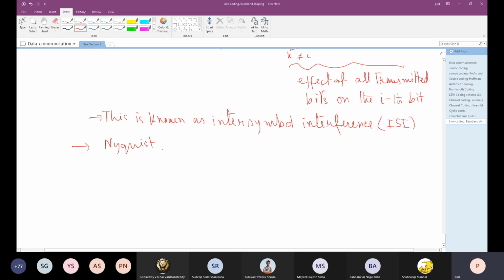There are actually two or three criteria, so we will take just one: the Nyquist criterion for distortionless baseband transmission.